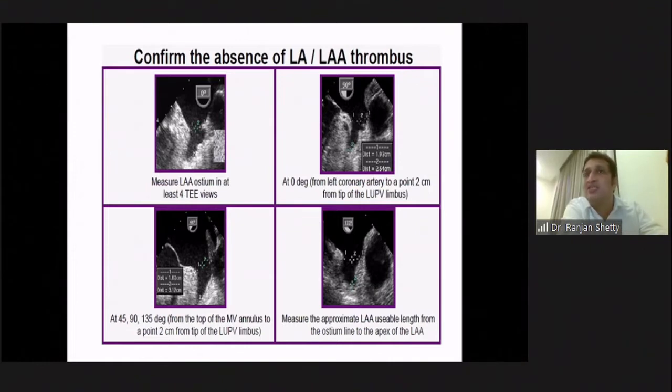I do the transesophageal echo on table before I do the venous puncture, because if I find a thrombus, I'm going to stop there. But if there is no thrombus, whatever the anatomy, most of the time we will go ahead and close. We don't do a CT scan for any of our patients, because the size is very dynamic. It depends on the hydration status.